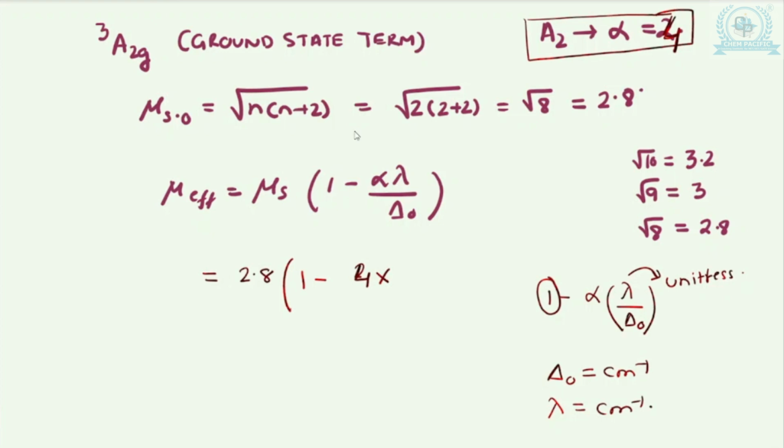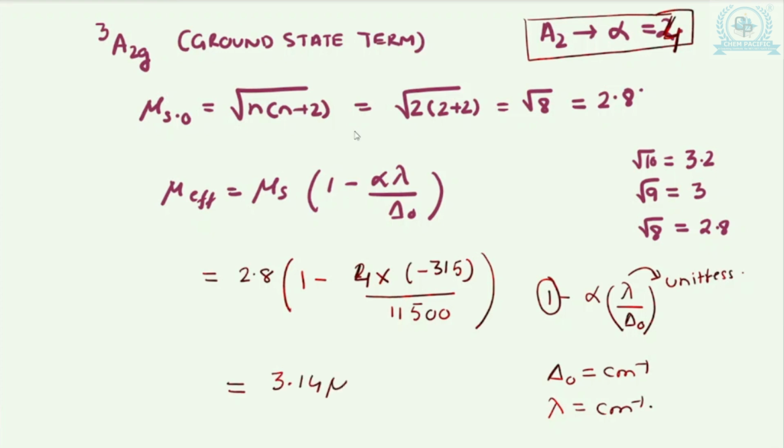Okay, lambda value that is given to you and that is minus 315 centimeter inverse and delta 0 value is also given to you, that is 11500 centimeter inverse.